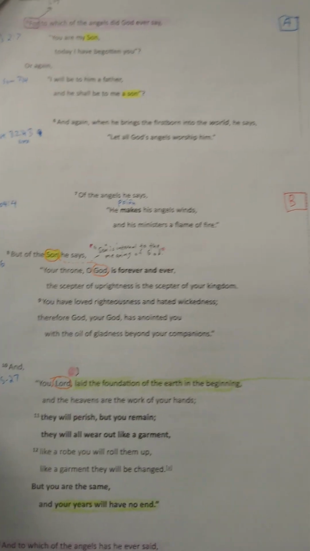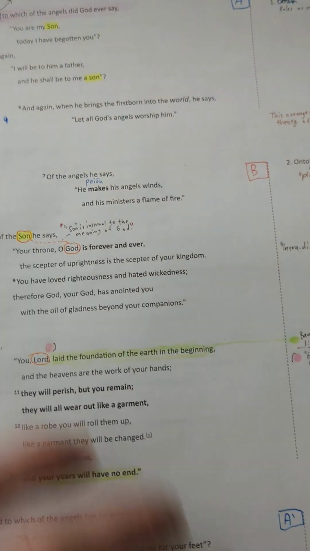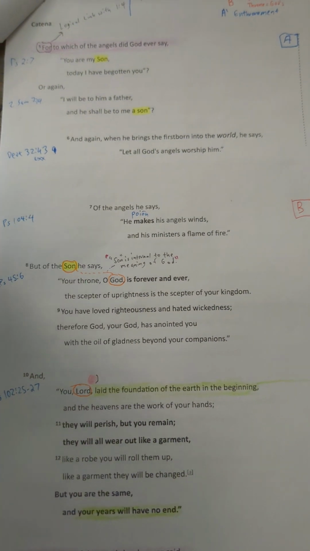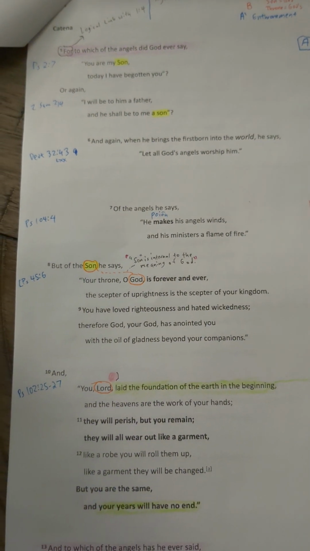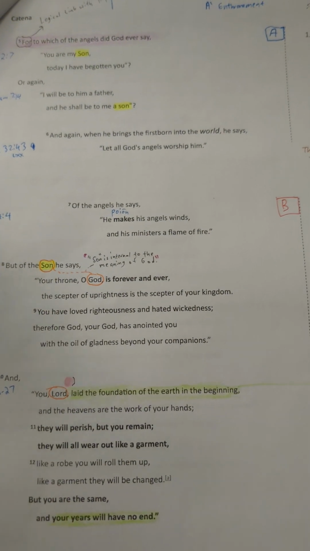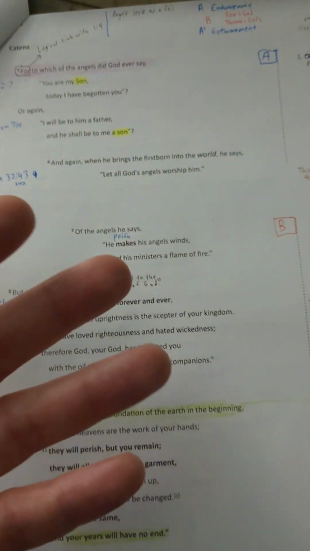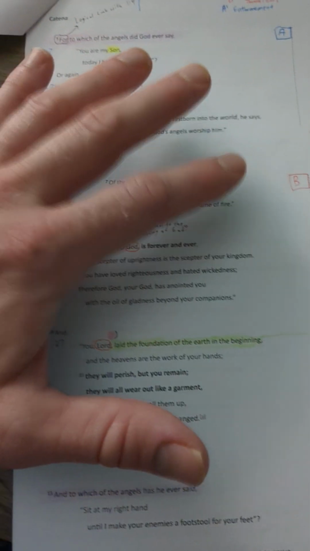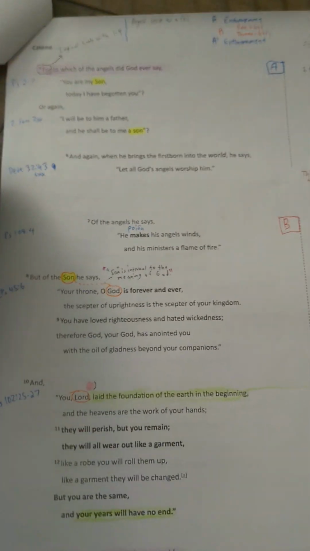Whereas George Guthrie's main point is that the angels are in view here just as a contrast to see the greater importance of paying attention to the word now, which was given by Jesus, who is greater than angels, because the old covenant was given by angels, this one was given by Jesus. That's kind of George Guthrie's idea for why angels are such a big deal here, not just angelology being a thing of the Hebrews.